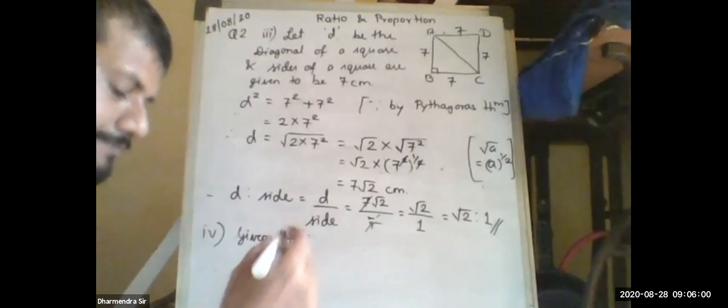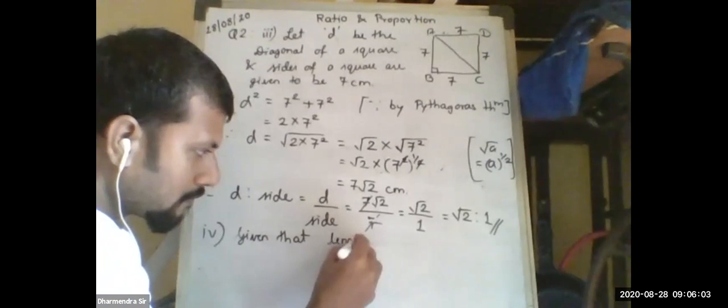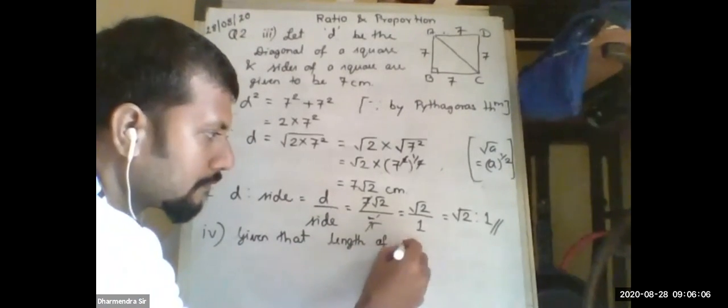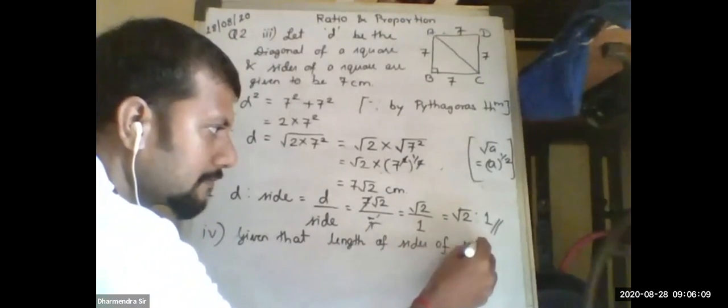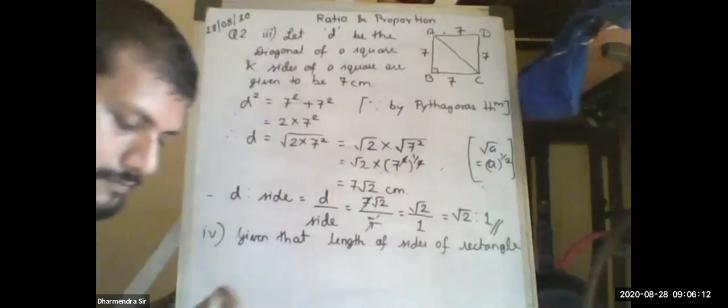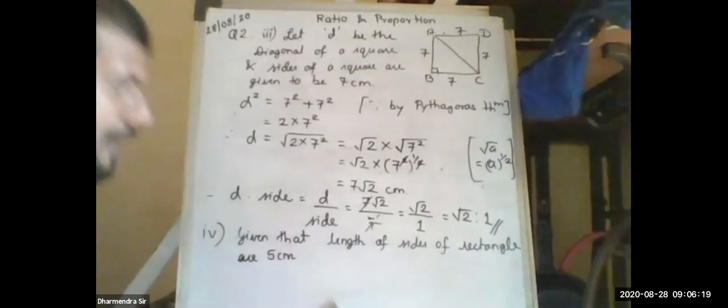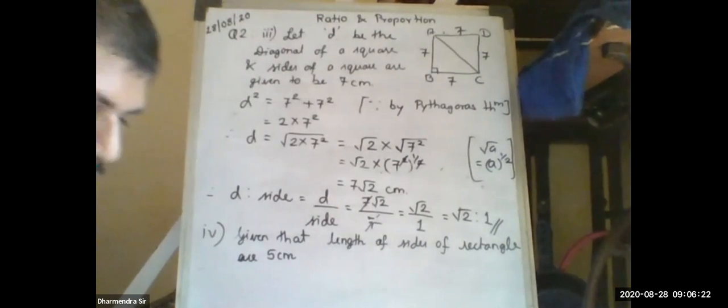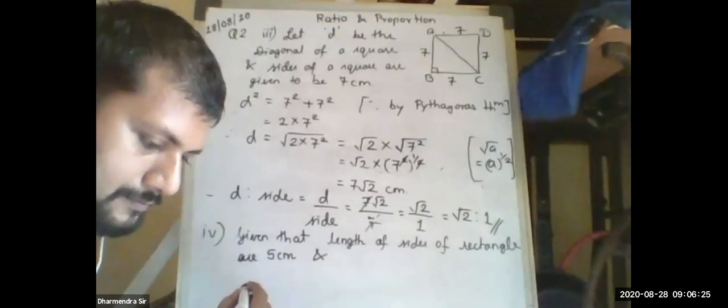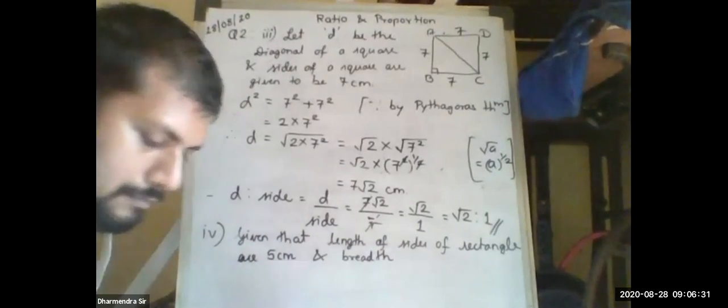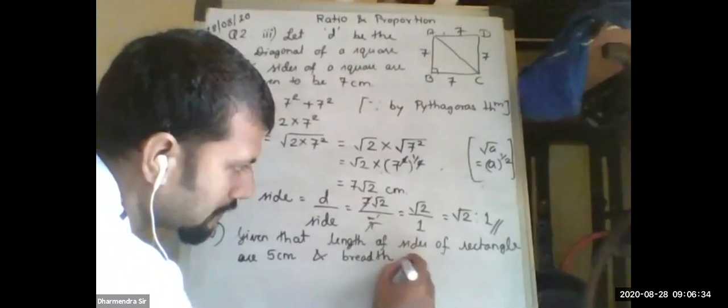Since given that length of sides of rectangle are 5 centimeter and breadth are 3.5 centimeter.